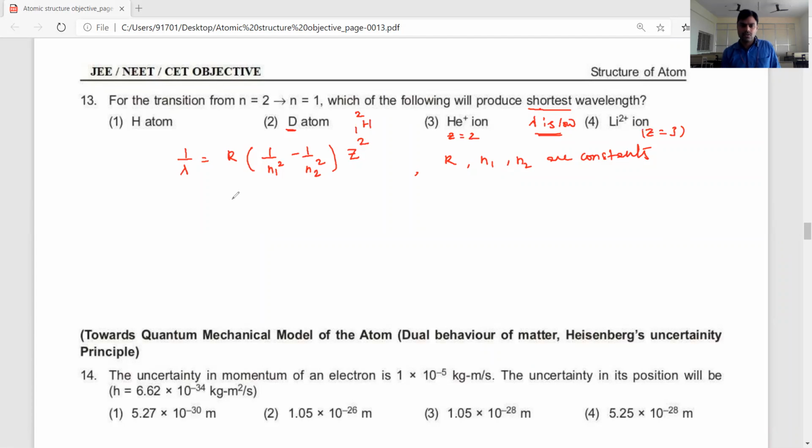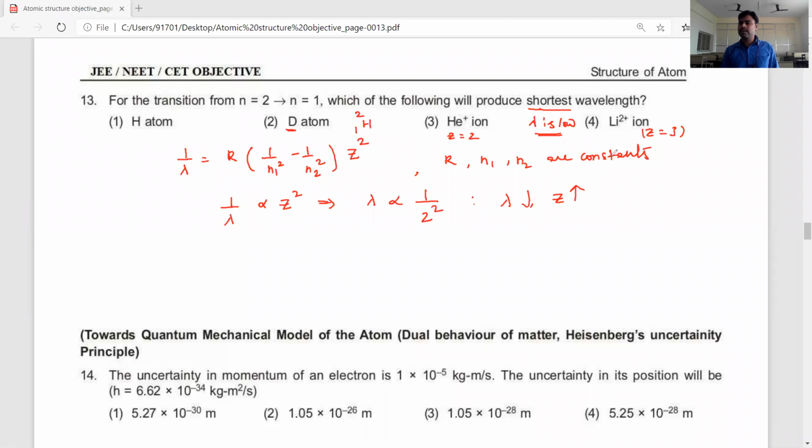See in this case 1 by lambda is directly proportional to Z square. Then lambda is inversely proportional to 1 by Z square. What is the meaning? If lambda value decreases, then Z value increases.